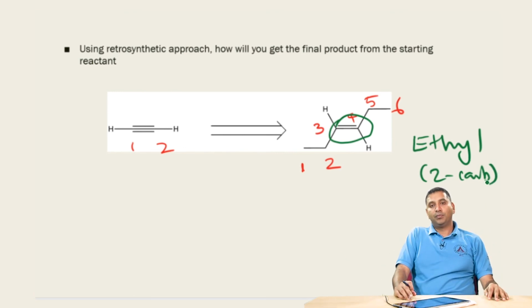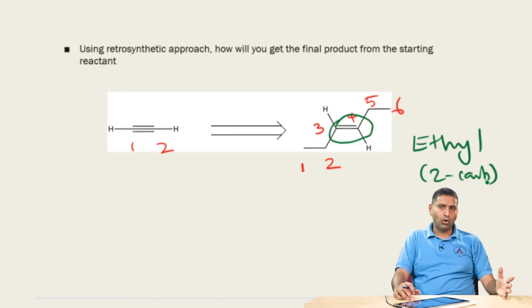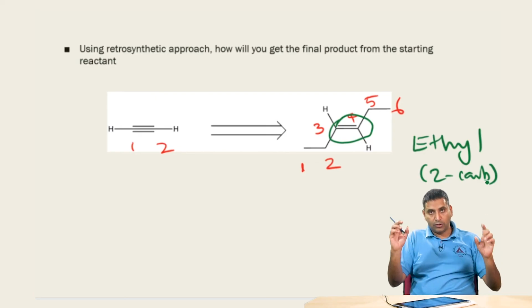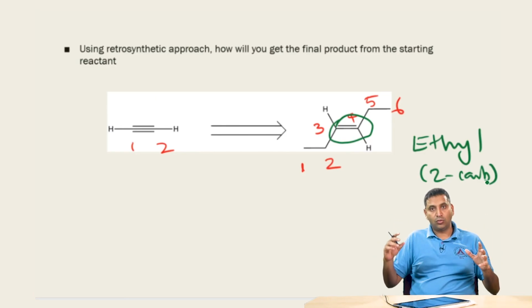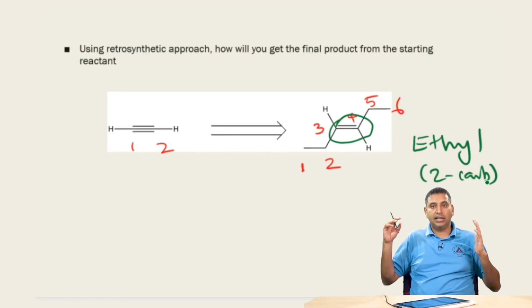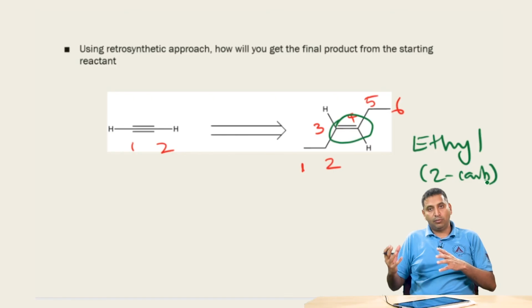Now if I have to use retrosynthesis, I would argue that I would need addition of an ethyl group to carbon number 4 and an ethyl group to carbon number 3 to get the final product.